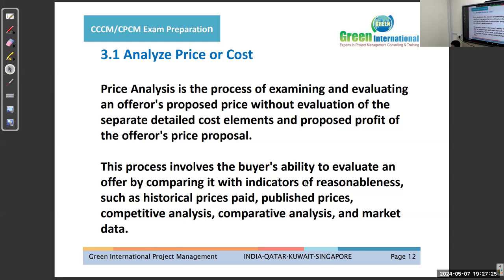Based on that, we will have a detailed analysis of how they have reached that number, what parameters they have considered, and what inclusions and exclusions are in their price. This process involves the buyer's ability to evaluate an offer by comparing it with indicators of reasonableness, such as historical prices paid, published prices, competitive analysis, comparative analysis, and market data.